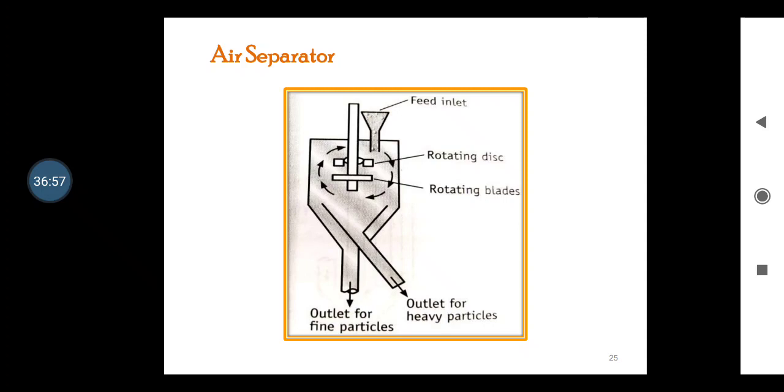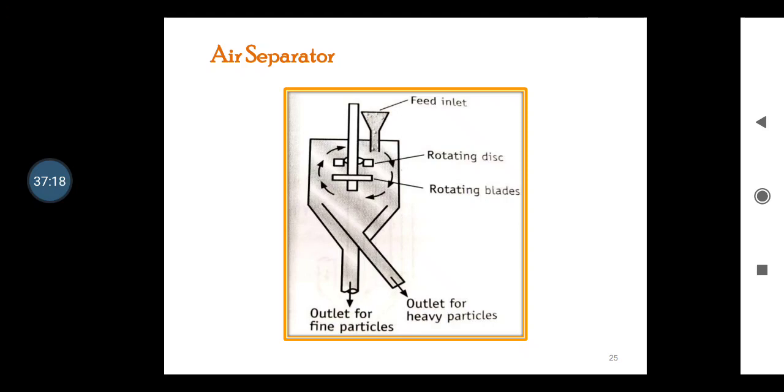As far as working is concerned, the disc and the blades are allowed to rotate by means of a motor. These produce a current of air as shown by the different arrows. The sample powder is introduced through the feed inlet. The feed falls on the rotating disc.